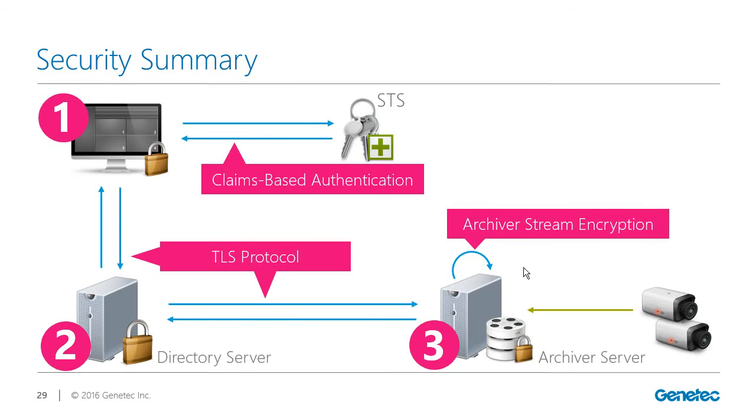And of course, the third thing we were talking about just now was the archiver stream encryption, where the video comes in from the camera, gets encrypted, and then gets passed along the network to the clients there. So I thought that was a nice little wrap-up slide from our marketing and development team that put that together.